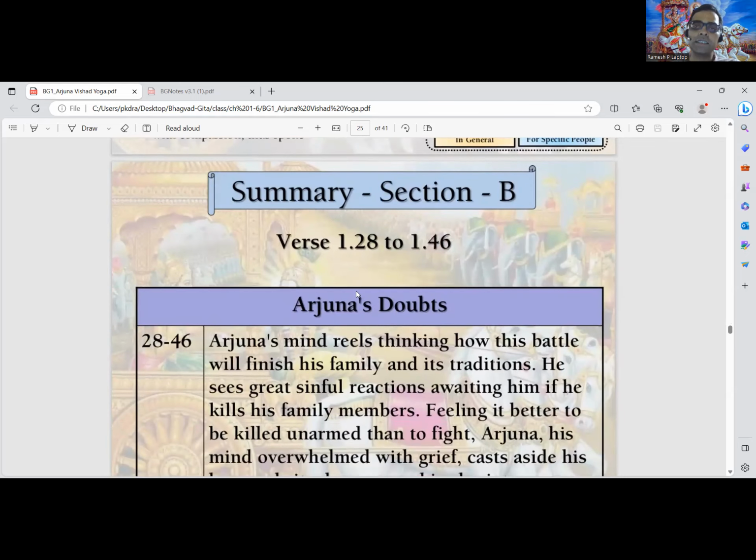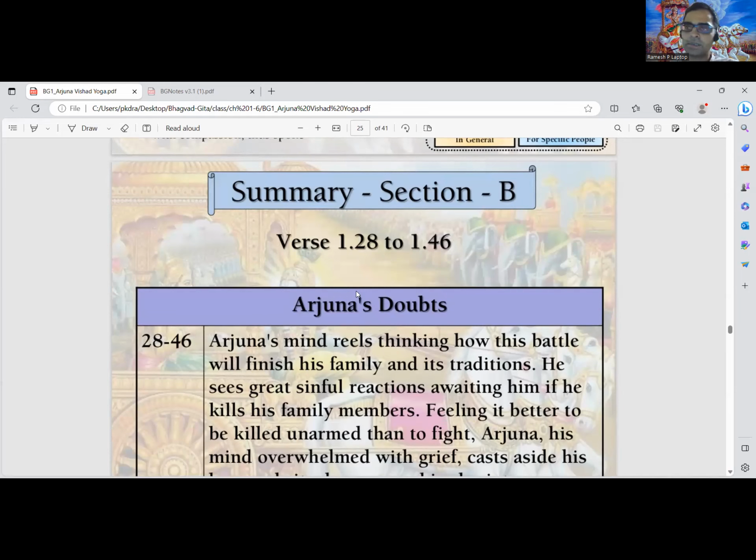In the next portion, from verse 28 to 46, we'll see Arjuna's doubts, and Arjuna will say that he doesn't want to fight. He'll come to a situation wherein he'll say he is okay if the opponent kills him without any weapons in his hand.